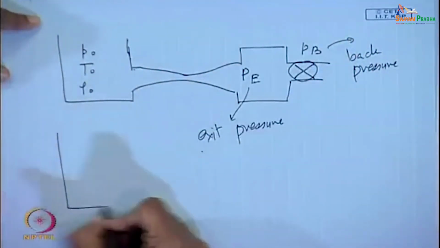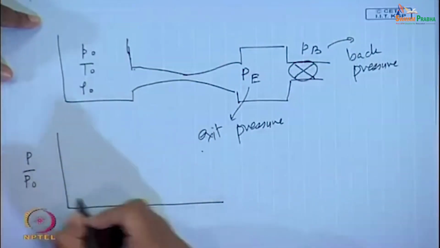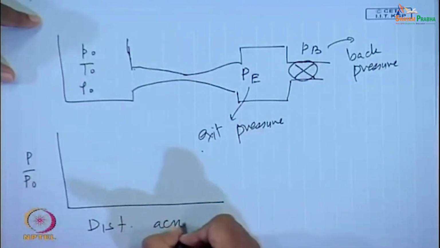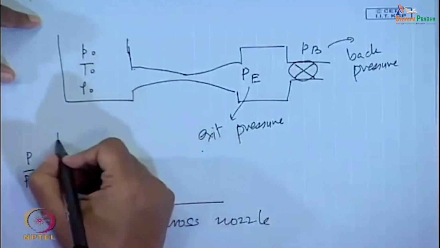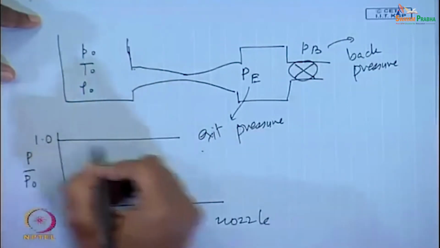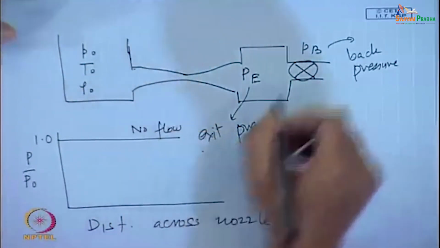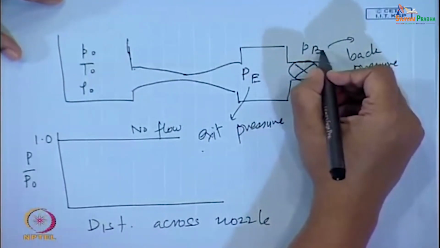Here also I would like to plot P by P 0 with distance across the nozzle. Initially it is 1.0, we do not have any flow. Now, what we do is keep on reducing P b.